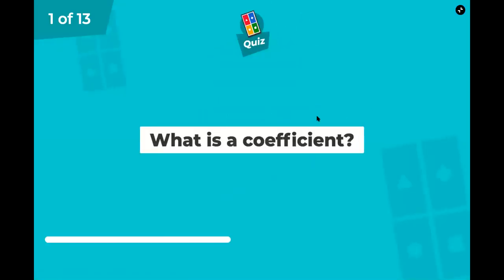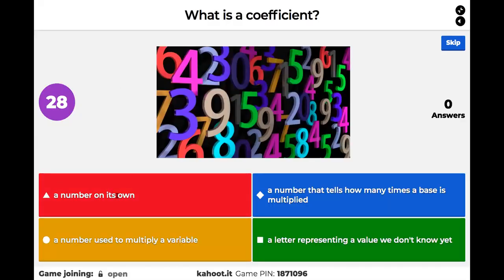What is a coefficient? Is it a number on its own? Is it a number that tells how many times a base is multiplied? Is it a number used to multiply a variable? Or is it a letter representing a value we don't know yet?